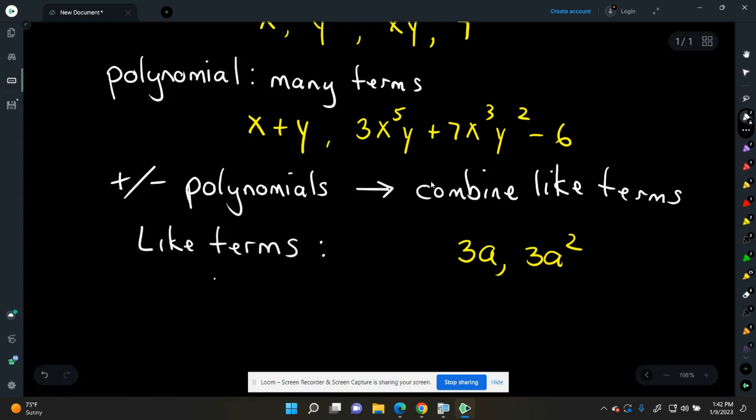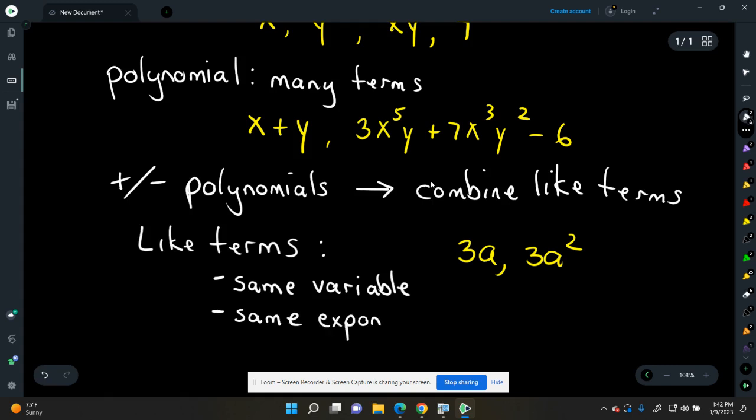A like term has to have first the same variable. So we're good on that count, right? But it also has to have the same exponent. Okay, so they are not like terms, correct. We cannot add a and a squared. All right?